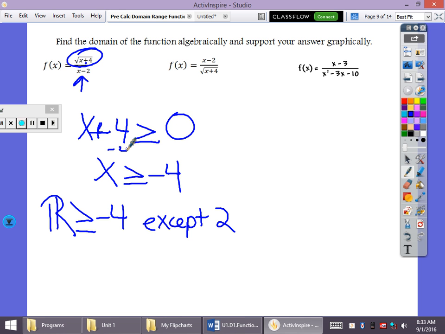When I solve, I subtract 4 from both sides, meaning x has to be greater than or equal to negative 4. We can never have a 0 in the denominator. That's the other rule. So I set x minus 2 equal to 0 and solved and got 2. So x must be greater than or equal to negative 4, and it can't be 2. It'll have a hole there. Good, or an asymptote, break, something.